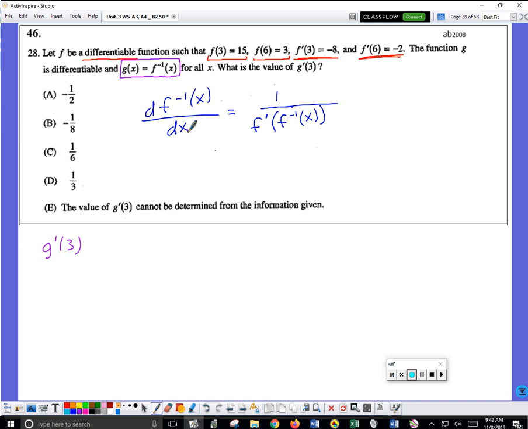Okay, cool. So this is going to equal, write this on your paper, the derivative of f inverse at an x value of 3, which according to the formula will equal 1 all over f prime of f inverse of 3. Questions?